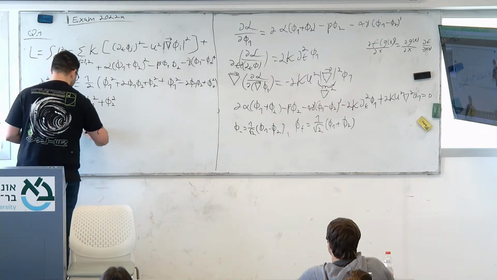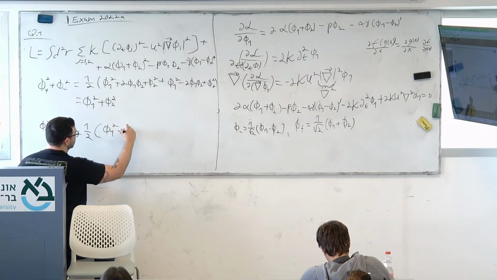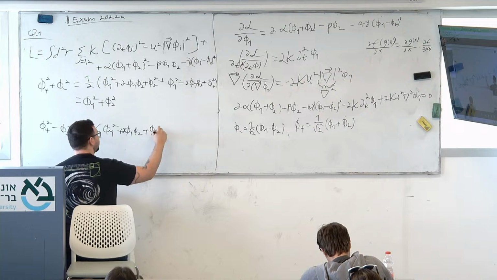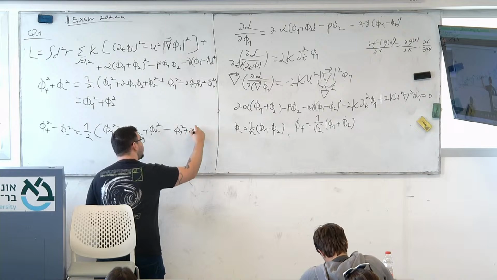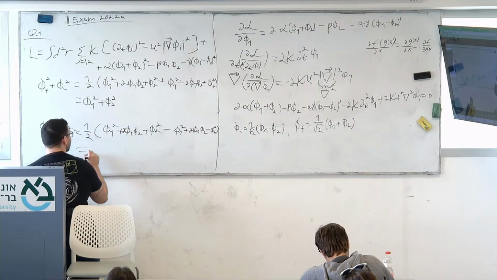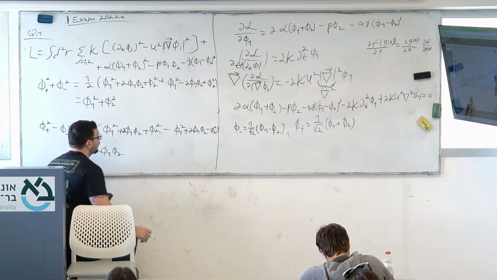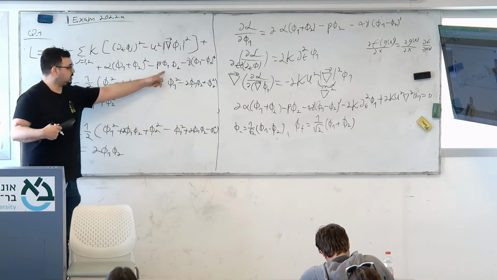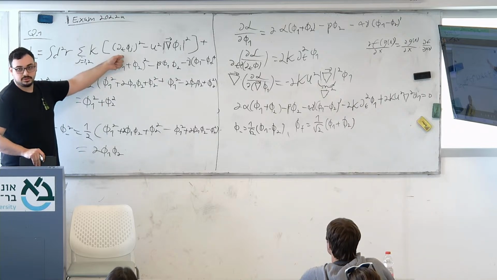And the difference between them, if you take a difference, phi1 squared plus 2 phi1 phi2 plus phi2 squared minus phi1 squared plus 2 phi1 phi2 minus phi2 squared, equals 2 phi1 phi2. Okay, so we found this annoying term. The only terms left are the terms right here.